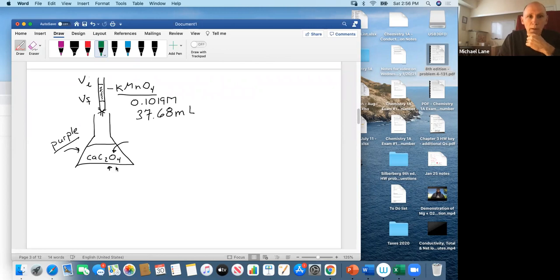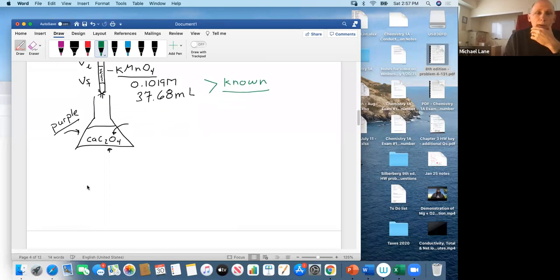Well, there are as many ways to solve this as there are to algebraically solve linear equations. I recommend to you that in most cases, when you're trying to solve a stoichiometry problem, specifically a titration problem, start with the known information. This is the information that is known to you and will give you the amount of permanganate.